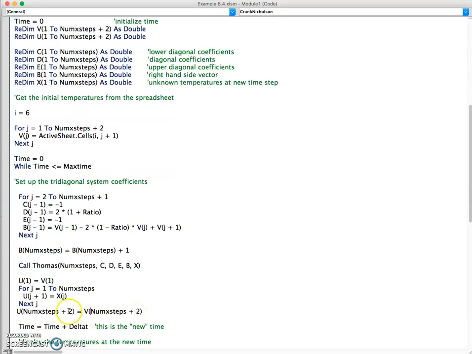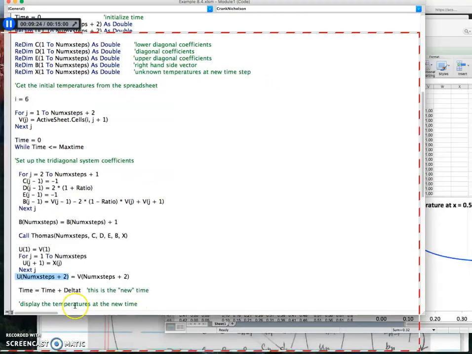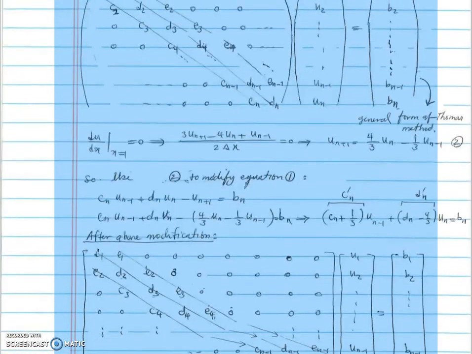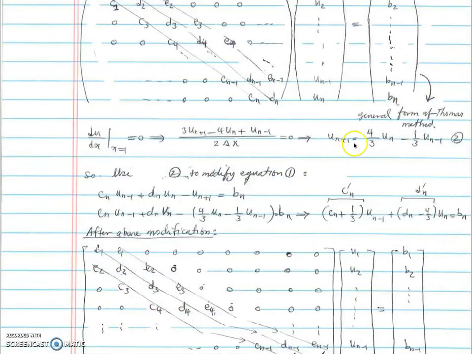Now in our case, un plus 2, which is the last u value, comes from the boundary condition. So we had this boundary condition before, and this is right here. Last u is equal to 4/3 of un minus 1/3 of un minus 1. Again, you have to increment the indices by 1 because in VBA, indices start from 1.